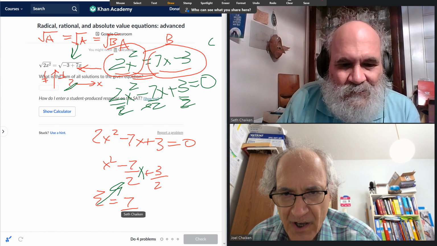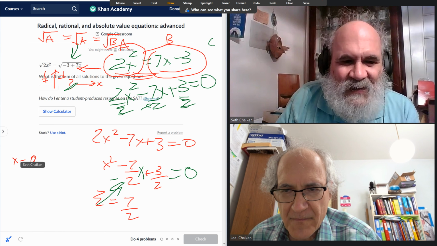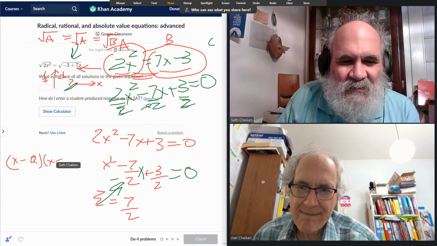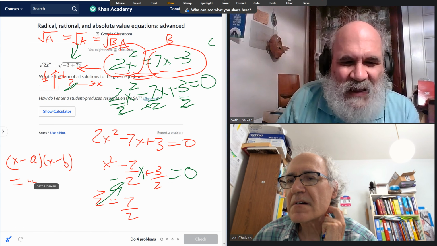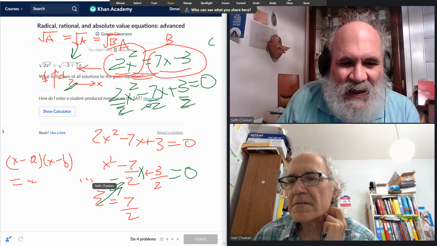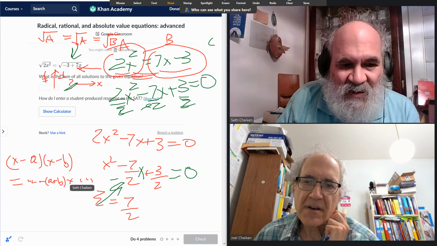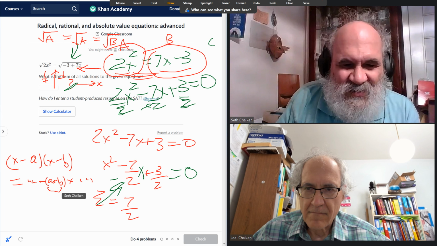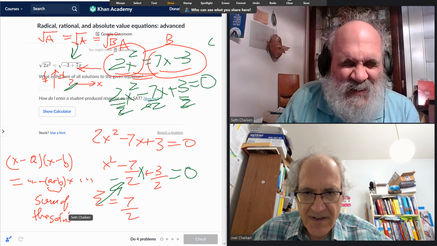That's because x minus a times x minus b is equal to x squared minus (a plus b) x plus a times b. And a plus b is the sum of the solutions. So the sum of the solutions to this problem is positive 7/2.